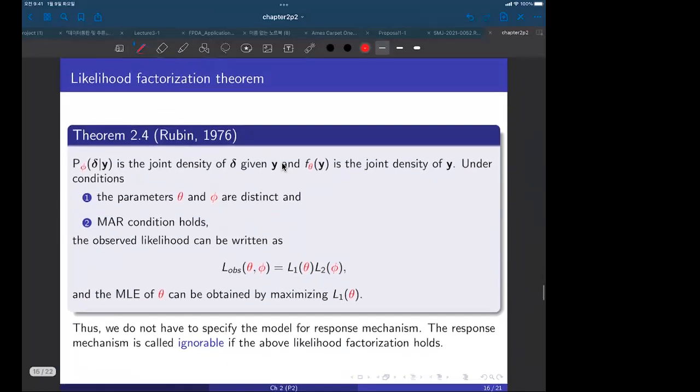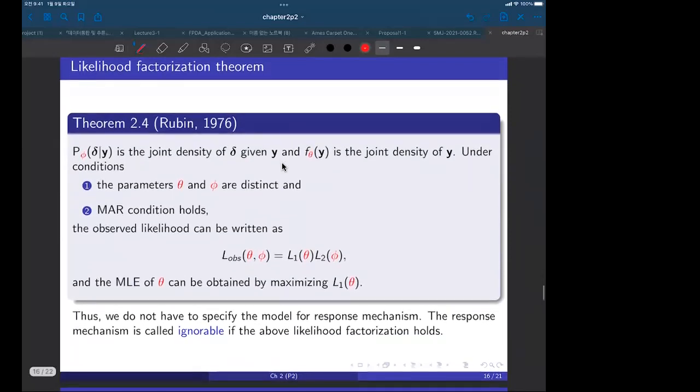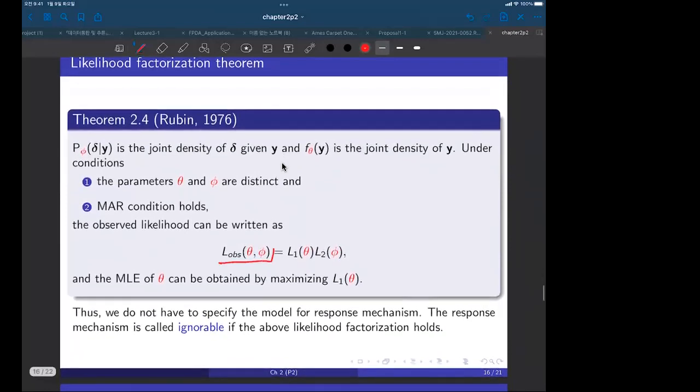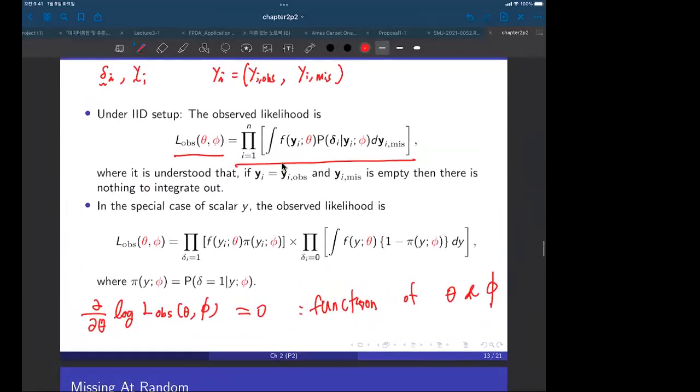And this is the most important, critical result. Basically the idea is, remember, if you go back to the example here, the observed likelihood depends not just on theta, but also on phi, right?